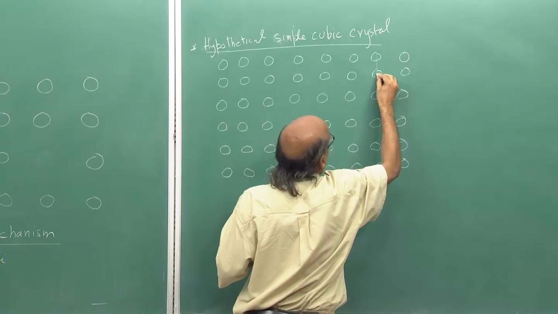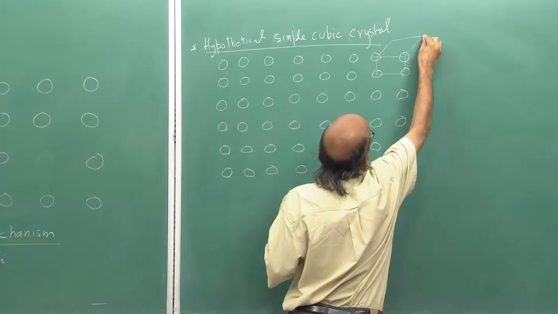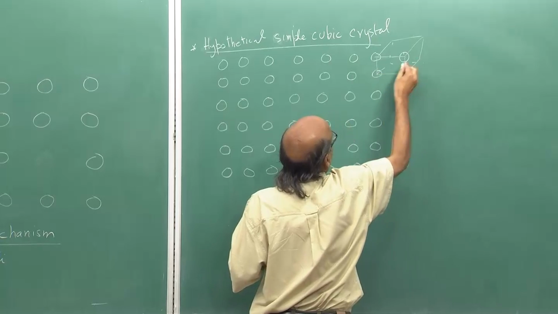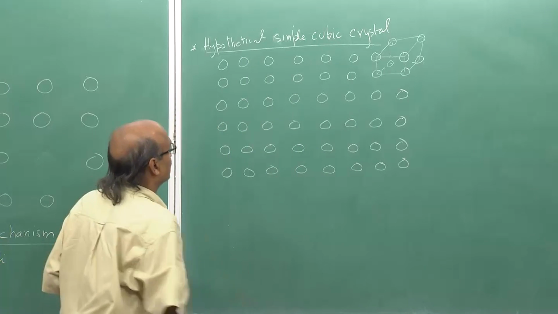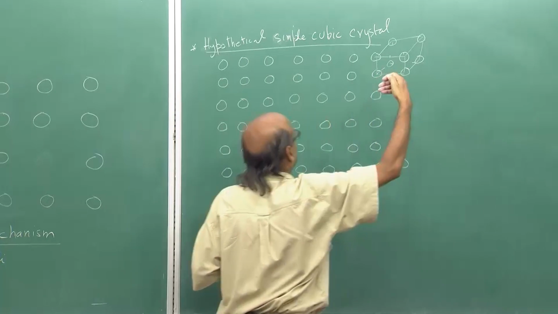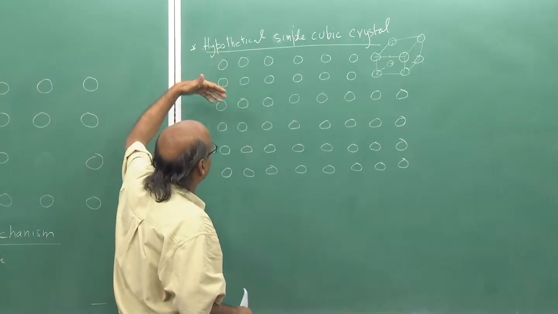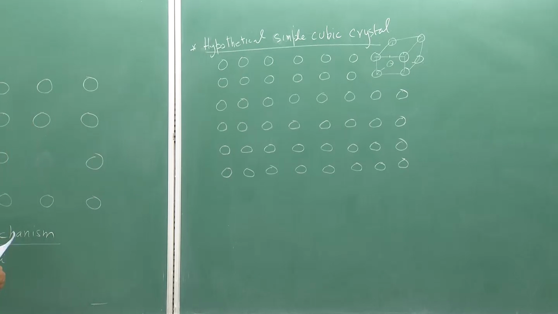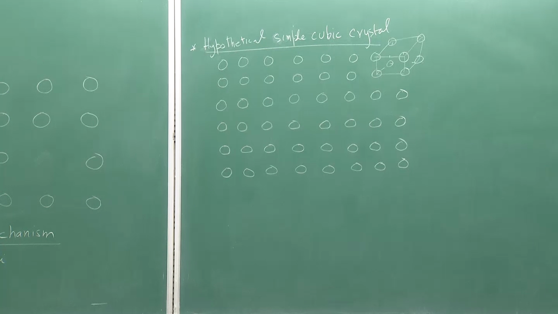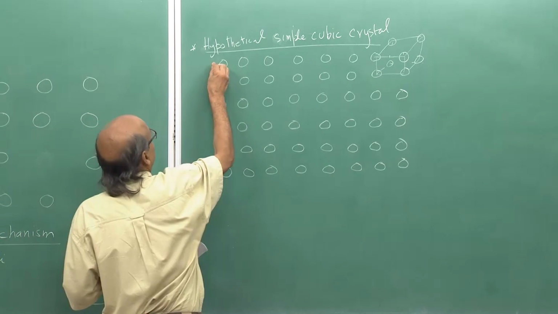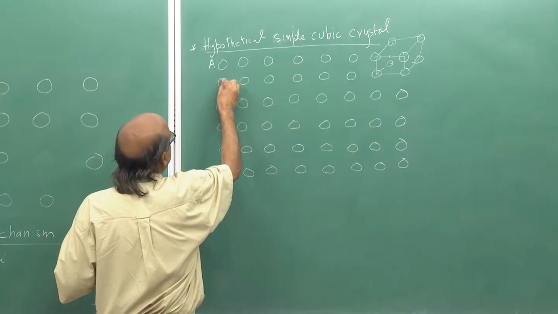So each one, for example, all I am seeing is one square here, but you can imagine a unit cell here with atoms located at the corners. And of course you will have atoms on the top as well, and of course atoms at the bottom. Let us consider, and let me also put some B atoms in this. So these white ones are A atoms, and let us put some B atoms.